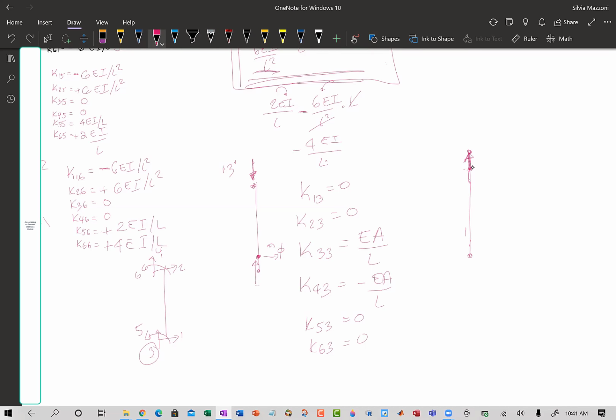And so we have to apply a force equal and opposite to keep that node from moving. And so this is positive EA over L, and this is negative EA over L. Okay. And now we've assembled the full stiffness matrix. Okay, that makes sense.